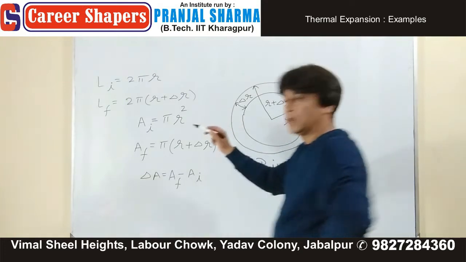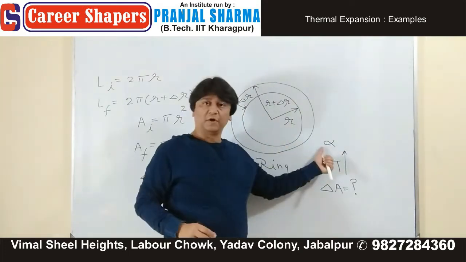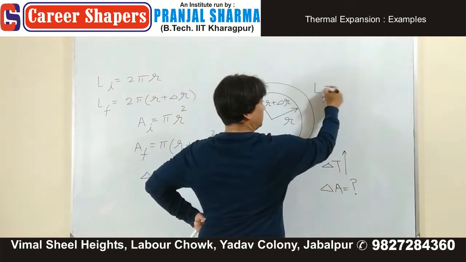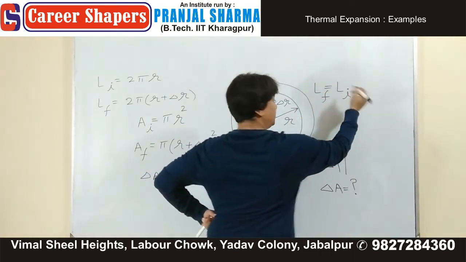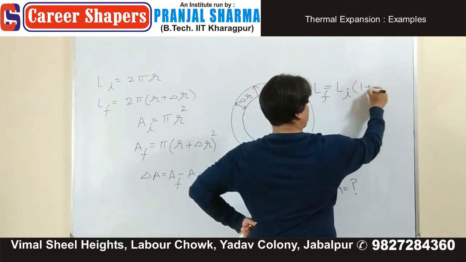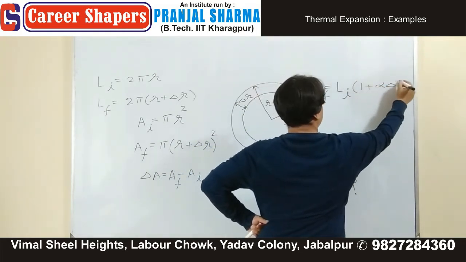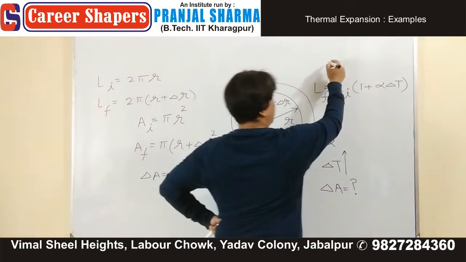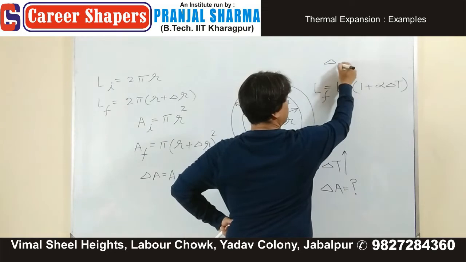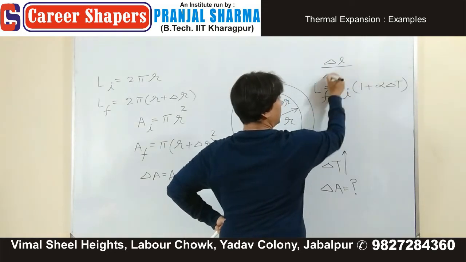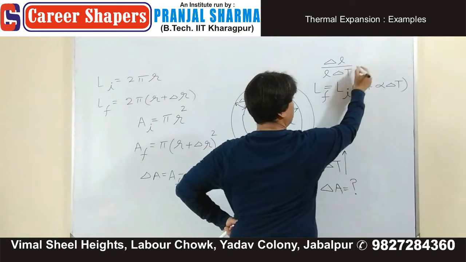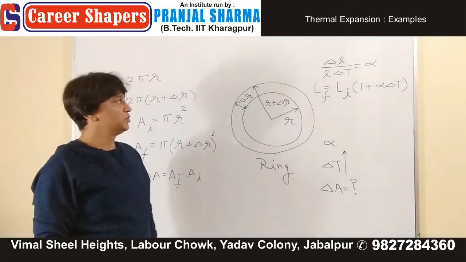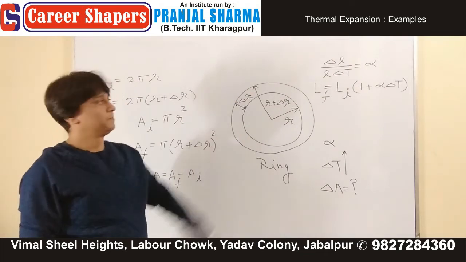So this is the final length and we have been given alpha. Alpha tells us that L final is L initial times 1 plus alpha delta T. I have already shown you this. Delta L upon L delta T is a constant, the coefficient of linear expansion, which is alpha.